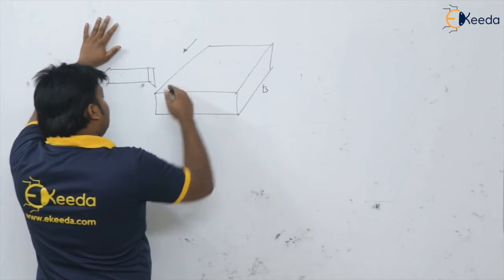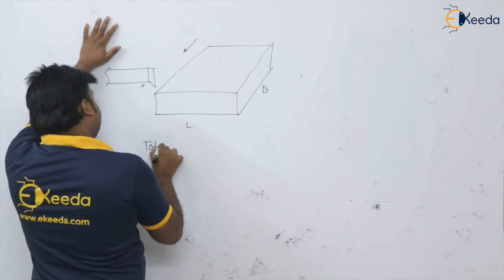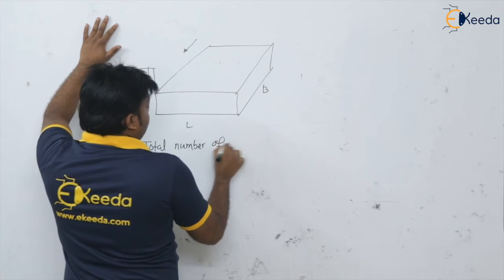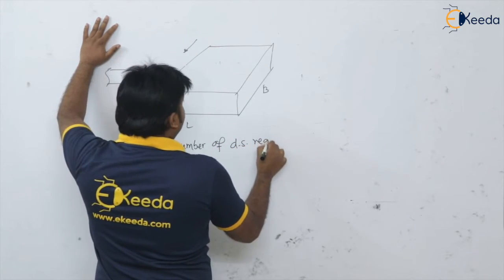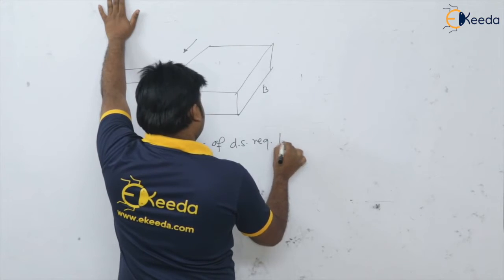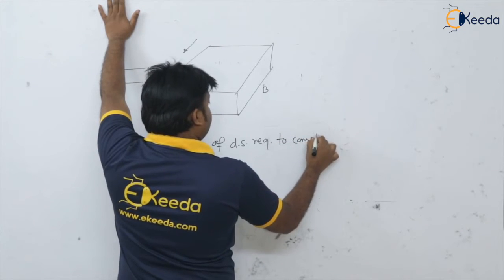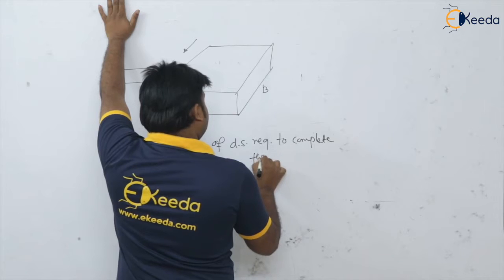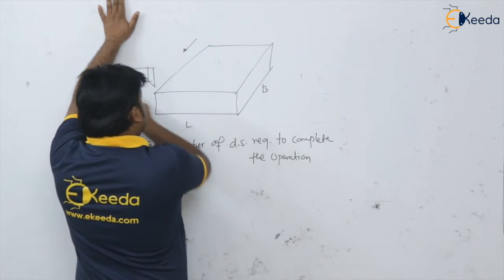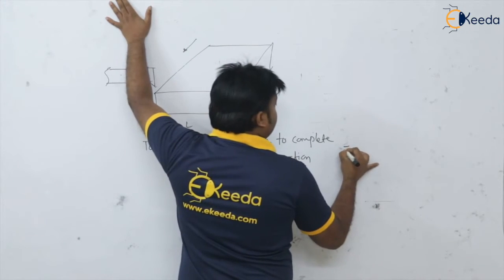So what will be the total number of double strokes required to complete this entire workpiece, to complete the operation? How much? That is width of the workpiece divided by the feed, isn't it?